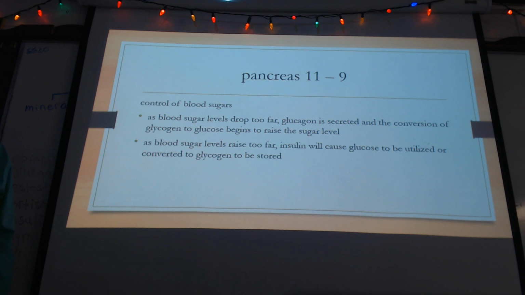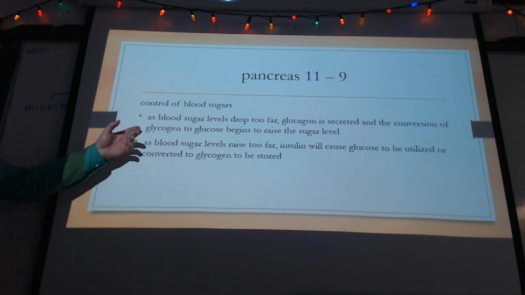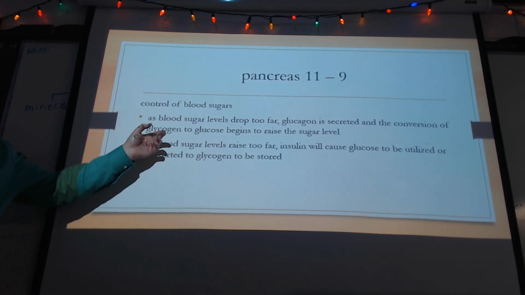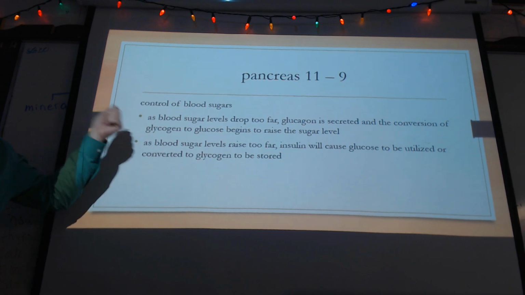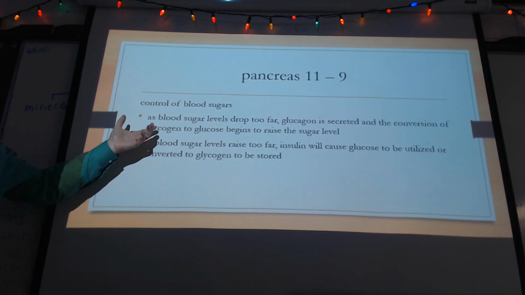Is it glycogen or is it glucose, do you think? Yes, this is a polysaccharide. That means it's got many, many links of glucose monomers or monosaccharides, however you want to look at it.